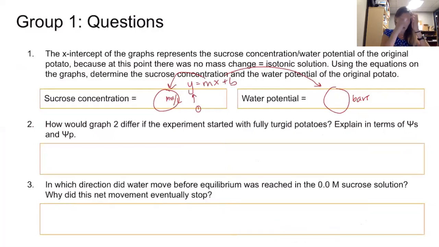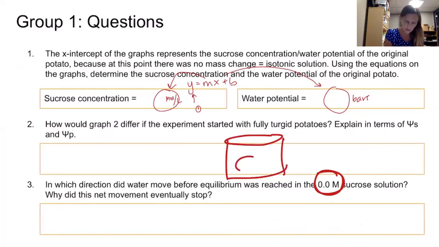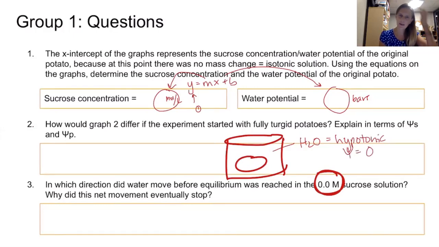The third question here deals with, in what direction did water move before equilibrium in the water alone, right? So I'm just going to draw a little beaker here. So water alone is going to be hypotonic, and it's going to have a water potential of 0, right?